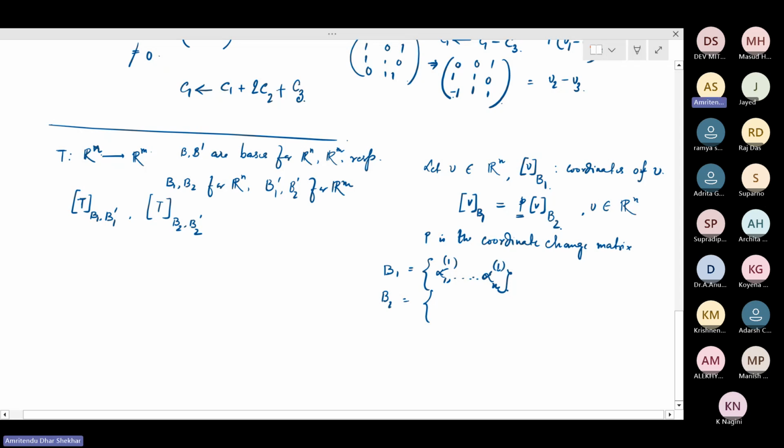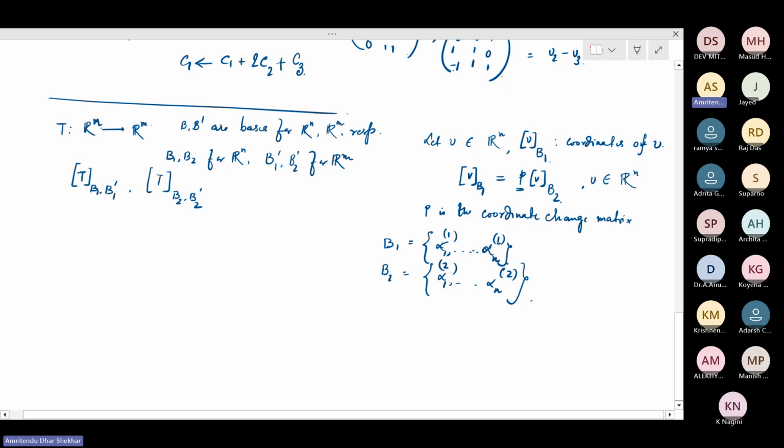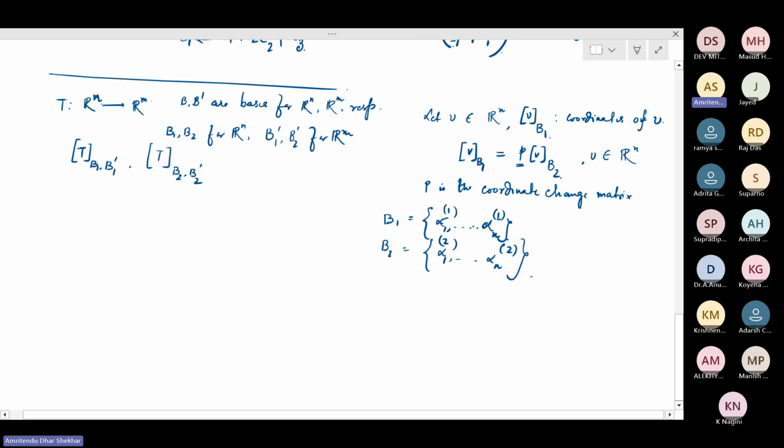And here, let's say you have another basis, which is alpha 1 to alpha n. This is a different basis. In order to determine what this basis is, you can fix a standard basis.